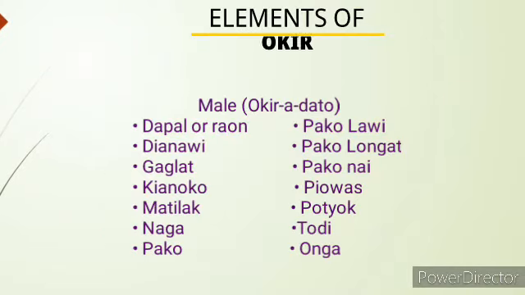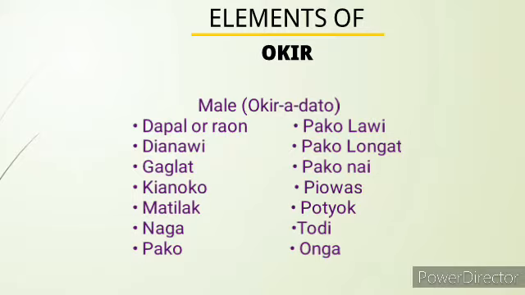Elements of Okir. These are the most common individual elements of Okir. For male, or Okir adato, we have here the pal or raon, means a leaf. Dianawi, means a pattern resembling a nawi, or a bladed carpenter's tool. Gaglat, means a pattern resembling a glat, or a small kitchen knife. Kianuku, means fingernail, key, or like patterns. Matilak, means a circle.